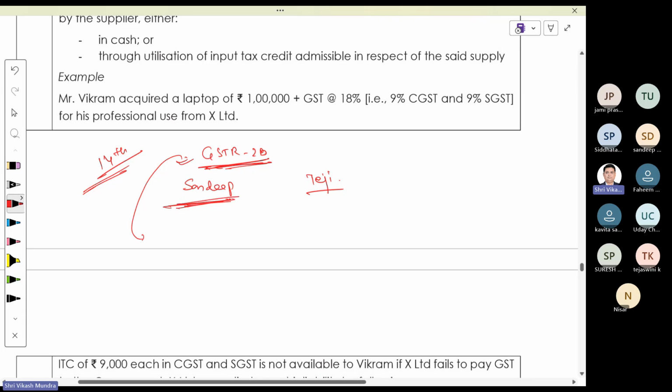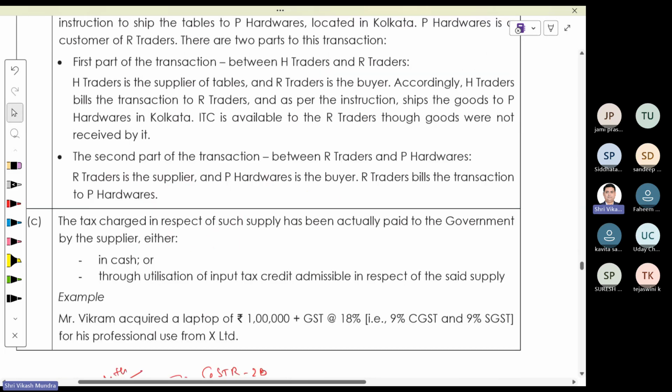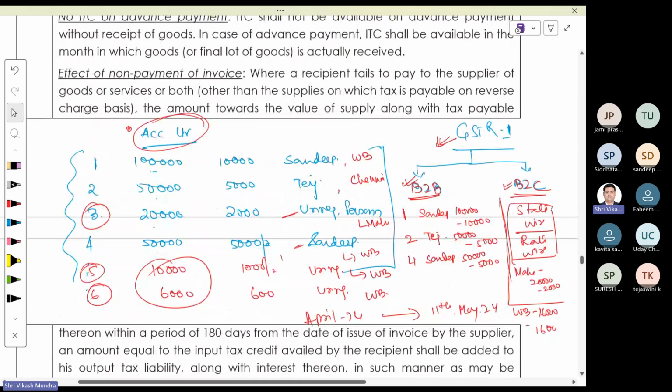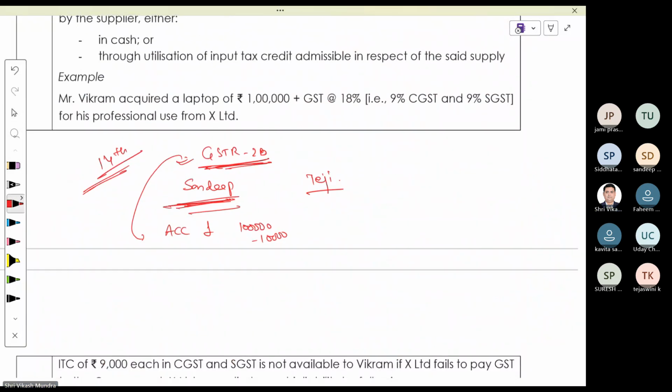In case of Sandeep, in GSTR 2B, ACC invoice number 1, 1 lakh and 10,000 would be there. What is the other one? Invoice number 4, ACC, whose GST number is this, 50,000, tax 5,000.